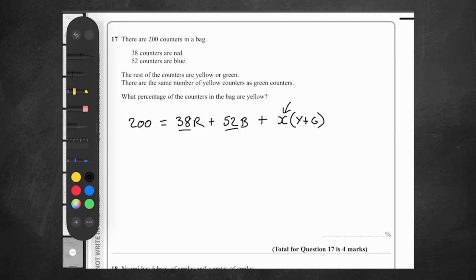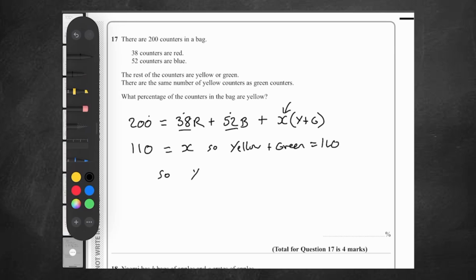we'll be left with just this number x, which is the number of yellow plus green counters. So that will be 110, as 200 take 38 is 162, 162 take 52 will be 110. It's just going to be x. So yellow plus green equals 110.